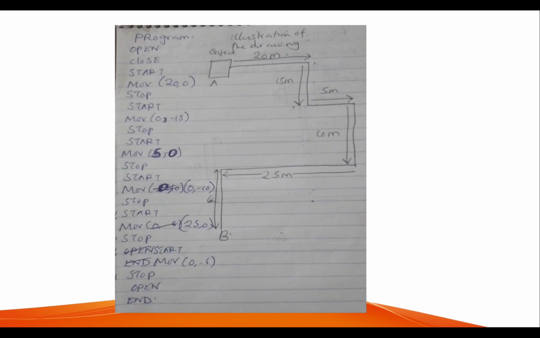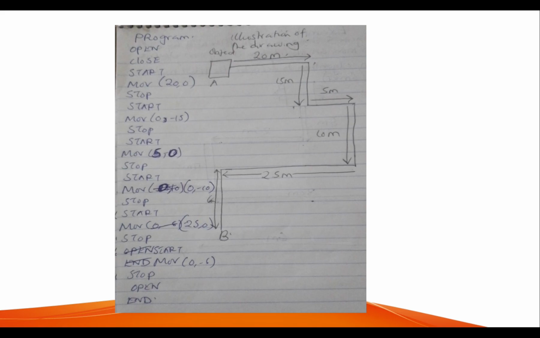So into my next, if you look at the side that I've written in blue, that is the program. Then on the right hand side is the trace path of the robot. So the program was open, close, start, then move 20, 0. So you'll always remind yourself first of the coordinates.